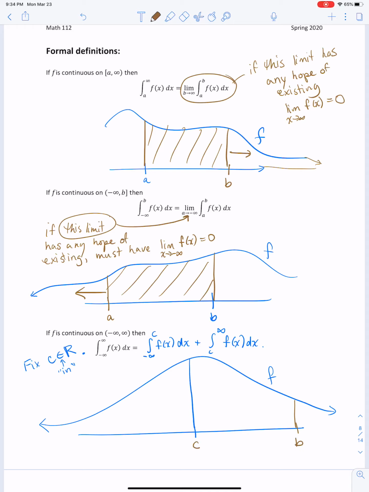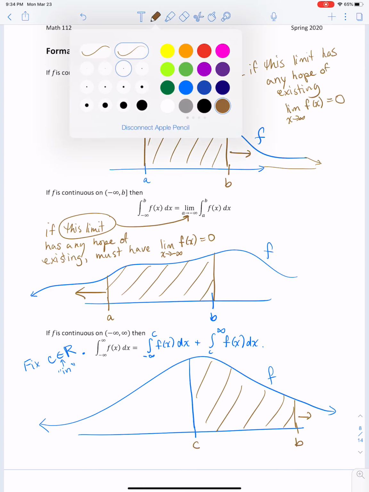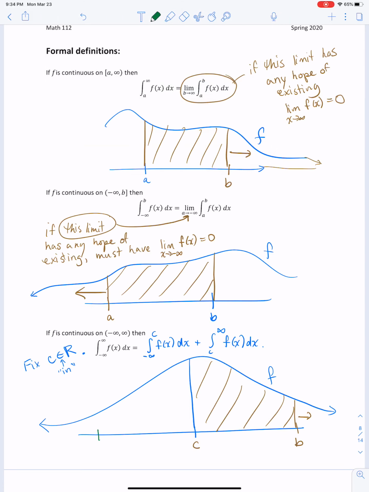We choose some b larger than c, compute that area, and let b go to infinity. On the other hand, we choose some a less than c, compute the area from a to c, and then let a go to minus infinity.